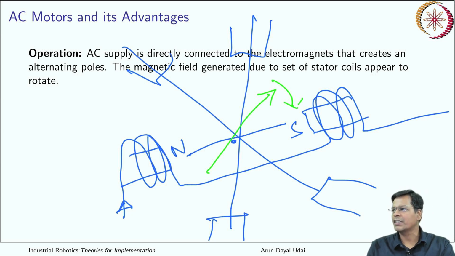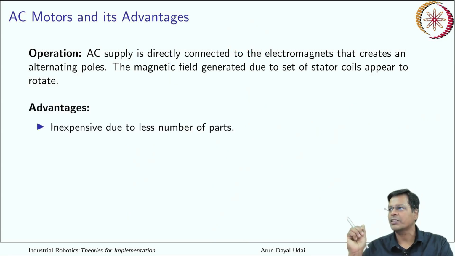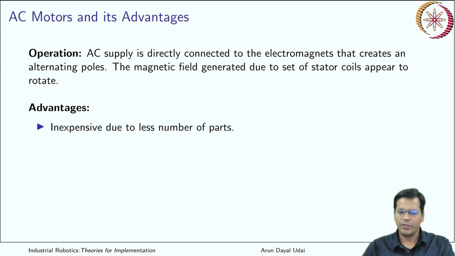Yes, this is the same principle which is applied here. The magnetic field generated by the set of stator coils appears to rotate, just like in a BLDC motor, and here we'll supply it with pure AC signals. The advantages: it is inexpensive due to fewer parts, because there is no commutator and no brushes here. Straight away you can supply the AC signal, which is already available at your home and various places.